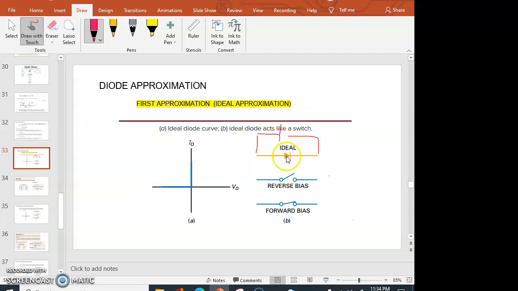So the anode is connected with the positive and the cathode is connected with the negative. Having this, you are now forward biasing the diode. So we have the forward bias. Under the ideal approximation and using the forward bias, we see the diode as a closed switch.